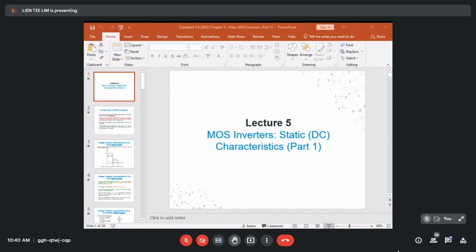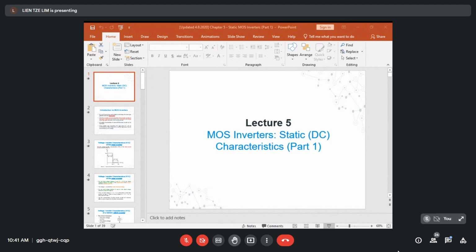For an NMOS inverter, it means this inverter is composed of only NMOS. The characteristics that will be studied and discussed in this chapter for the MOS inverters will be the DC characteristics.